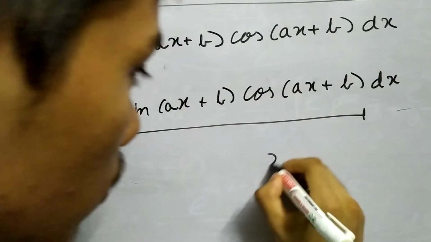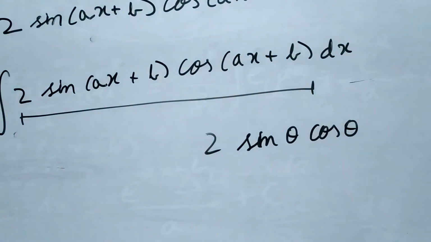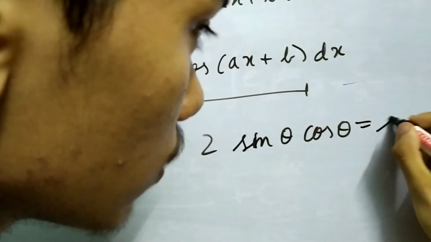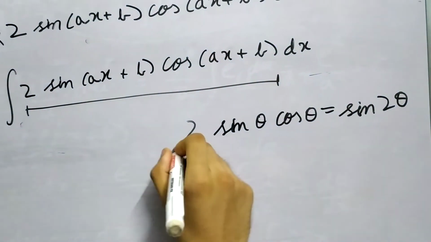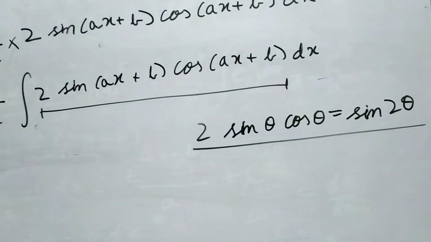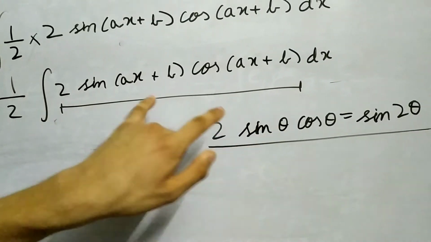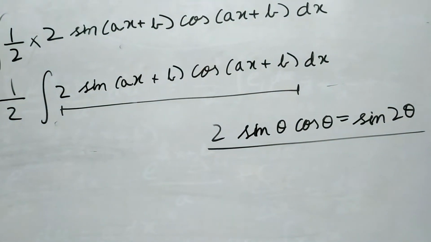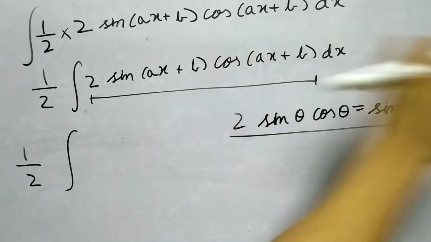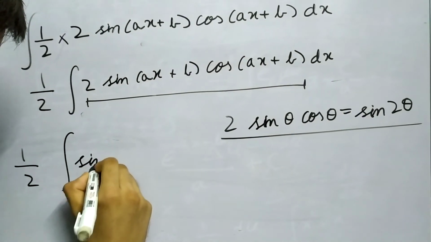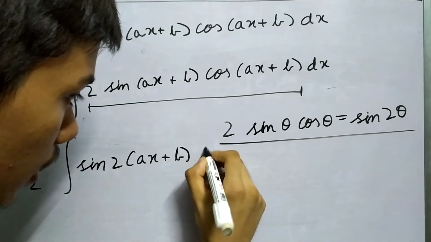So 2 sine theta cos theta, and what is this equal to? This is equal to sine 2 theta. This is one of our trigonometric formulae. We have derived this earlier. So theta in this case is ax plus b. So what we can do is 1 by 2, we can replace this entire stuff by sine 2 times ax plus b dx.